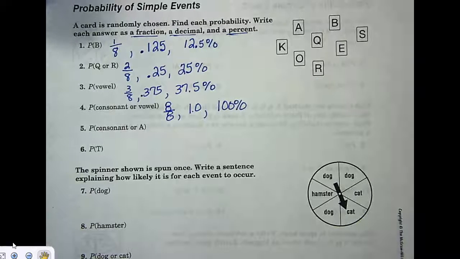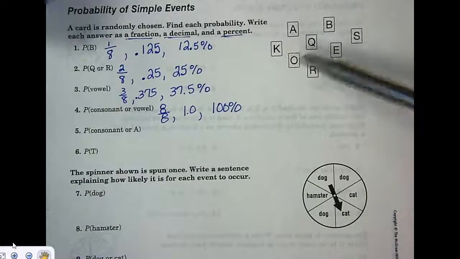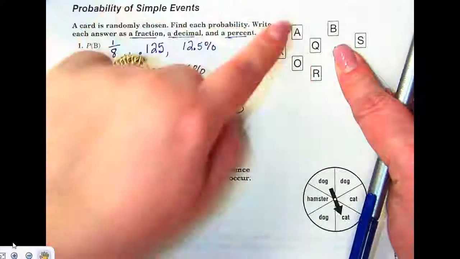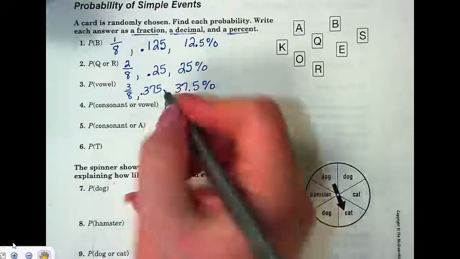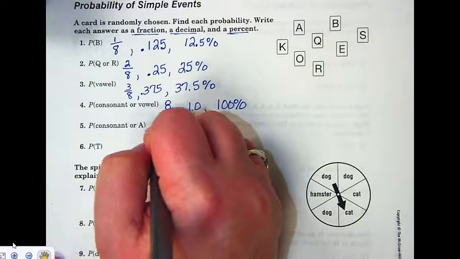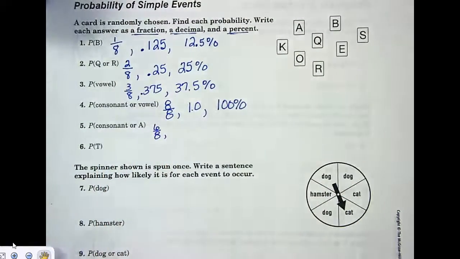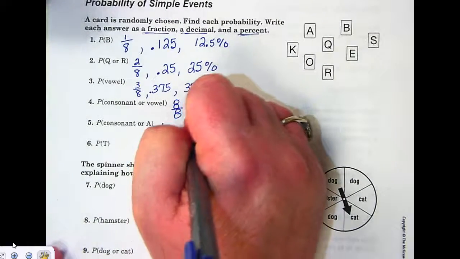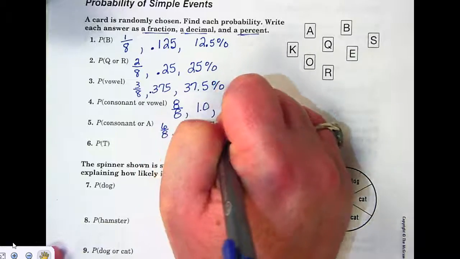What's the probability that you will draw a consonant or an A? So consonants are all of them but these, so that's 5, and then plus the A, 6 out of 8, which is 75 hundredths, which is 75%.